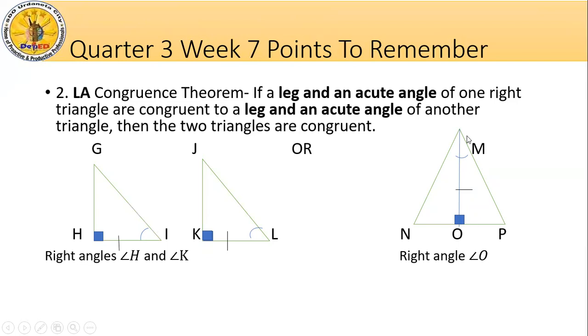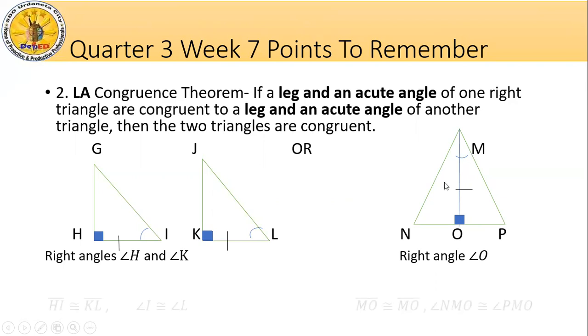We move on to our second example here. Triangle NOM and triangle POM. The right angle is found here at angle O. Line segment OM is congruent to line segment OM by reflexive property. And by the given, angle ONM is congruent to angle OMP.